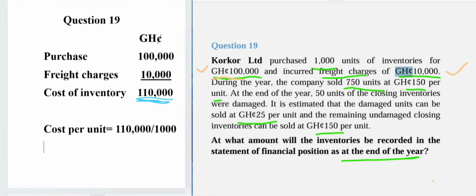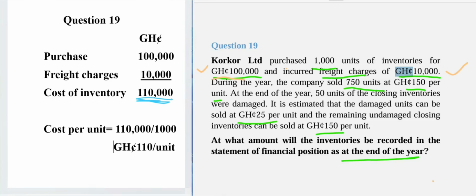Are you following? We divide the total cost by the 1,000 units, and that will give us 110 cedis per unit. So this is the cost per unit of the inventory.